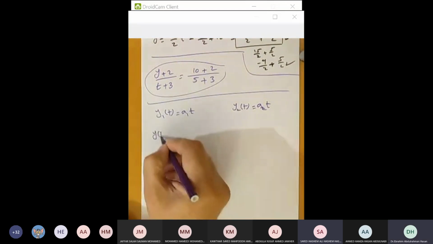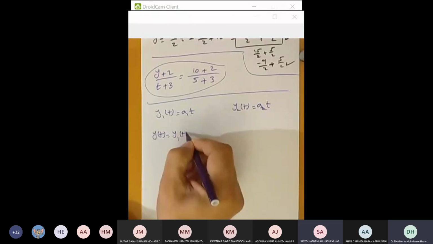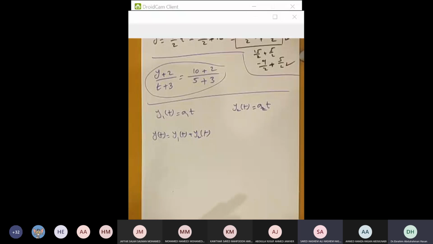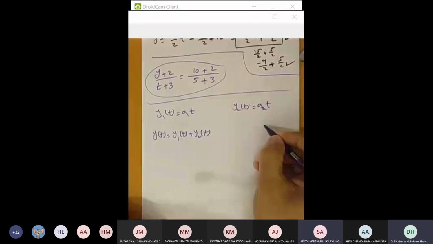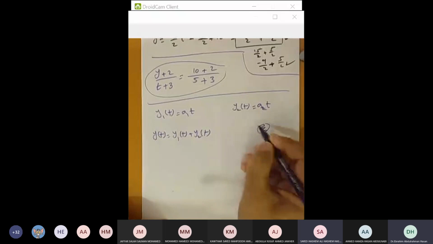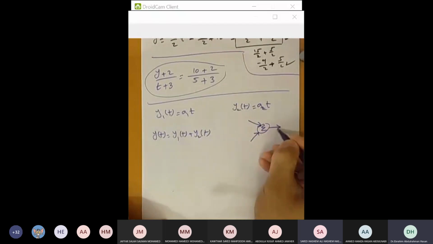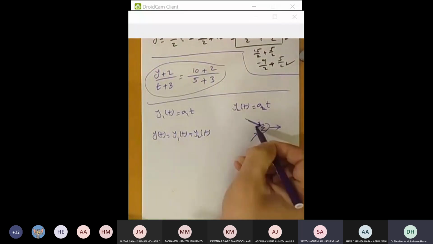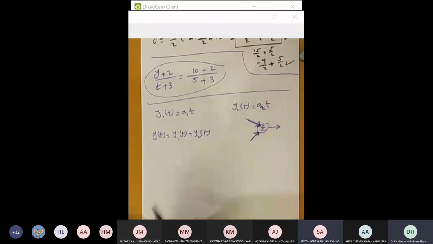And I say that y of t is equal to y1 of t plus y2 of t. I add up two signals. Okay, what is the output? The two signals, this is coming from one station and this is coming from another station, and I want to add them, and both are straight lines.